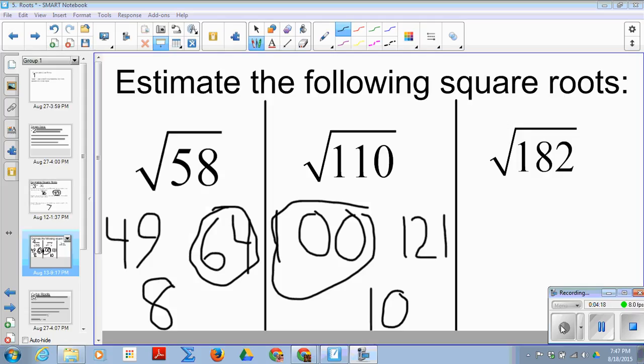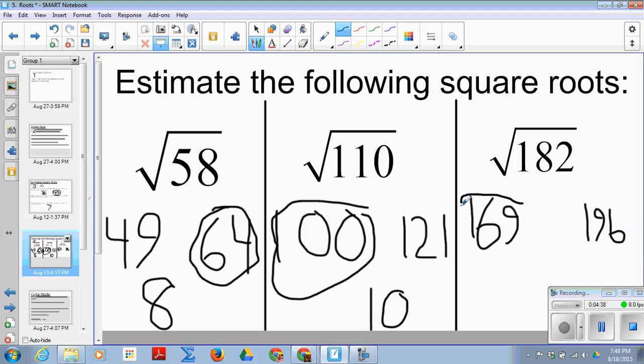Finally, radical 182. 182 falls between the perfect squares of 169 and 196. And 182 is closer to 169. Therefore, the square root of 182, estimated, is 13 because it's close. That's radical 169. I promise you, my handwriting, guys, is much better when I'm actually standing by the smartboard. This is mouse writing, which, all things considered, is not that bad.